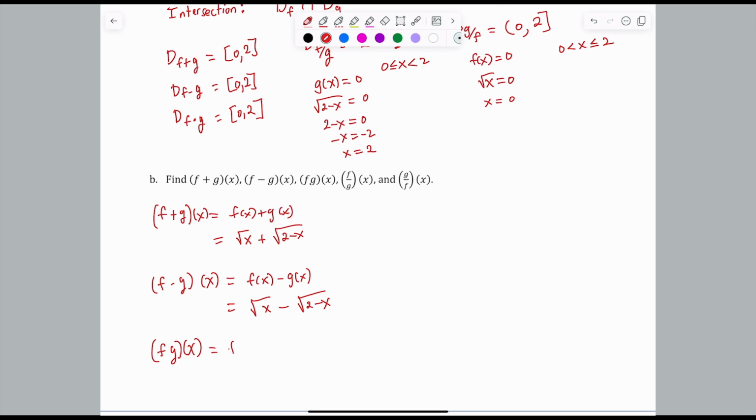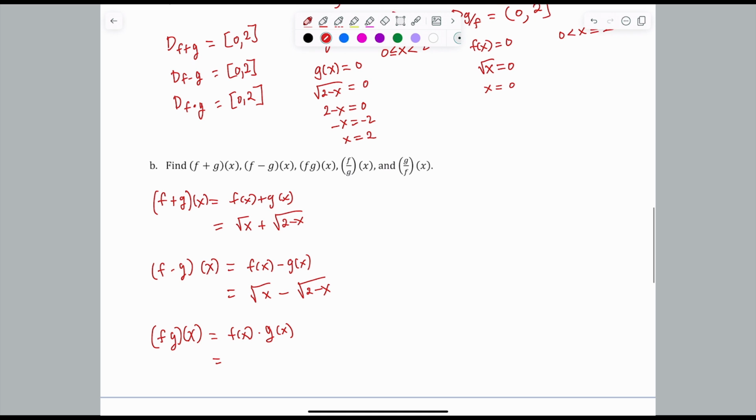So this is just f of x times g of x, and then we multiply them. So we have the square root of x times the square root of 2 minus x. We might make that look prettier by writing this as the square root of 2x minus x squared. And you can do that because of the properties of radicals.